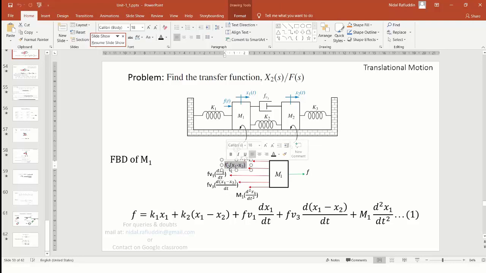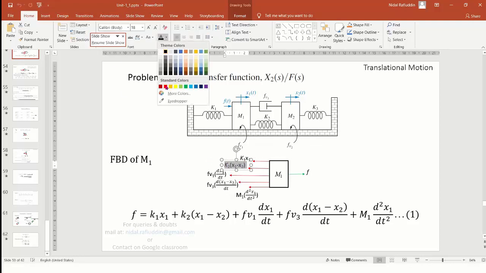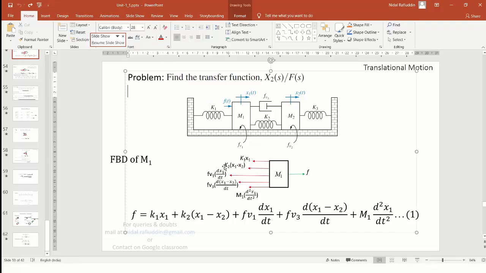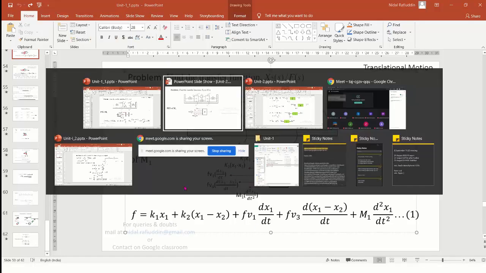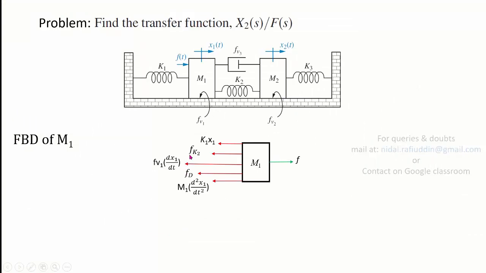Instead of K2 (x1 minus x2) and Fv3 d/dt of (x1 minus x2), what we did here is we wrote Fk2 and Fd.